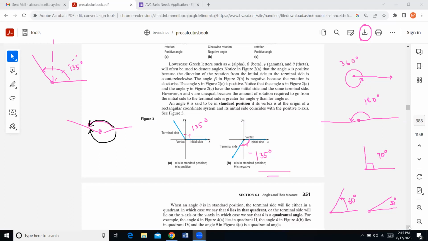So on the same picture, there could be hidden more than one angle, in fact, infinitely many. You could have produced the same terminal side rotating clockwise or counterclockwise or lots of times and so forth.